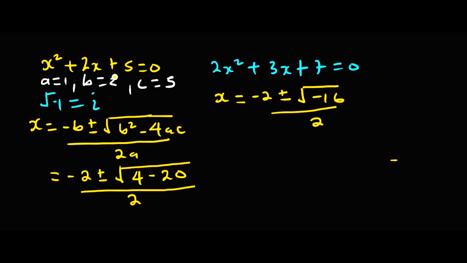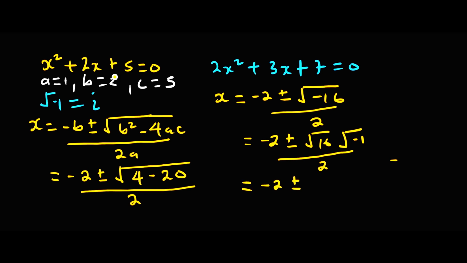So what we can do is rewrite negative 16 as a product of two roots. So that we have minus 2 plus or minus root of 16 times the root of negative 1, and put that over 2. So that is minus 2 plus or minus root of 16 is 4, and root of negative 1 is denoted by i, and that is over 2.